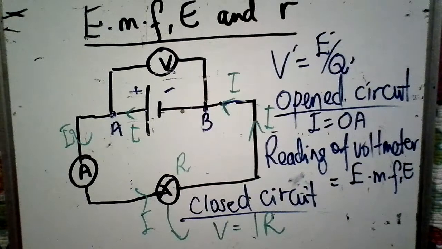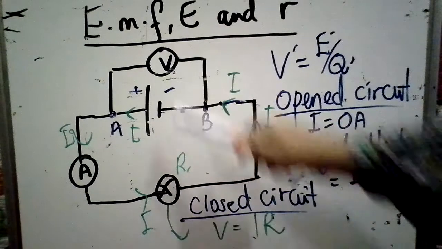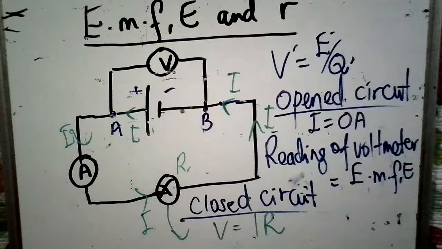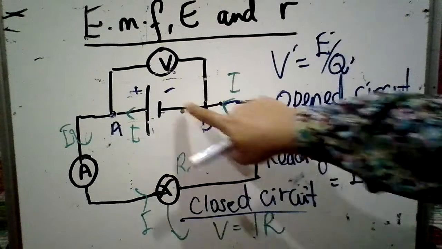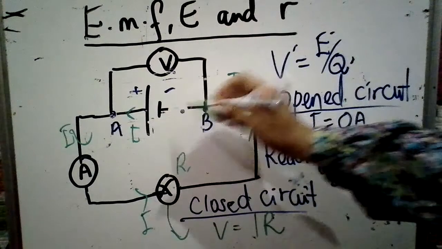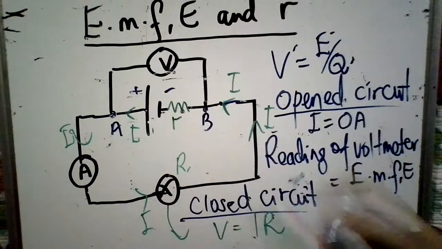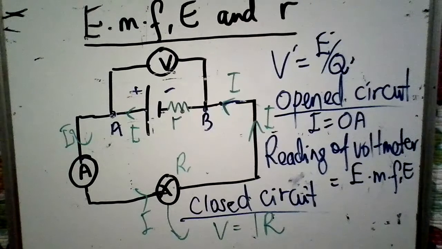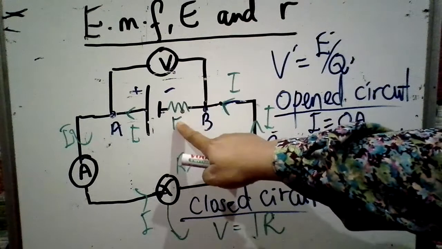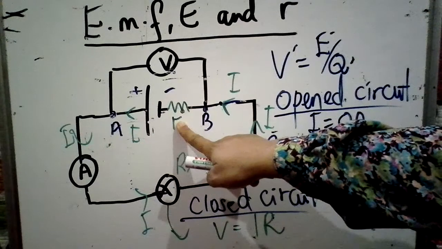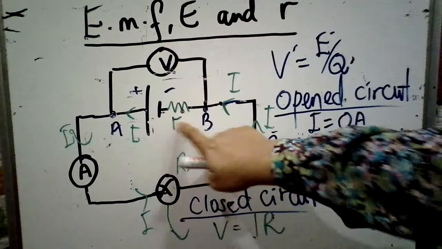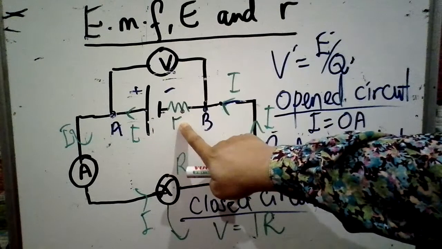Now once we turn on the switch, the reading of the voltmeter will drop. Why? Now for the battery, it has its own resistance, very small resistance due to the electrodes or electrolyte of the battery. For this battery, it has electrodes inside, so there must be resistance. So this is internal resistance. The internal resistance is inside the battery.